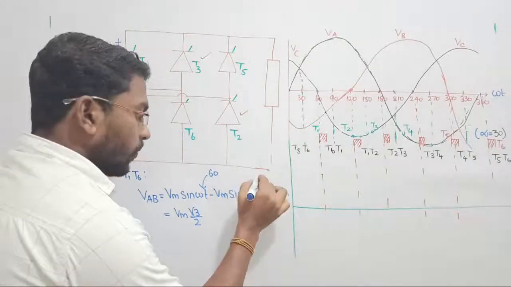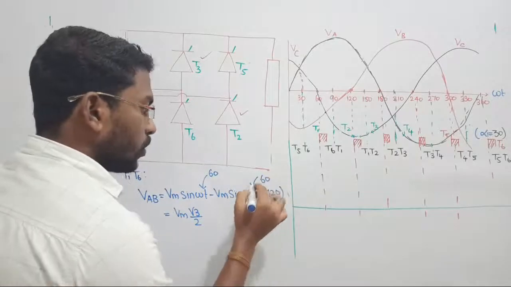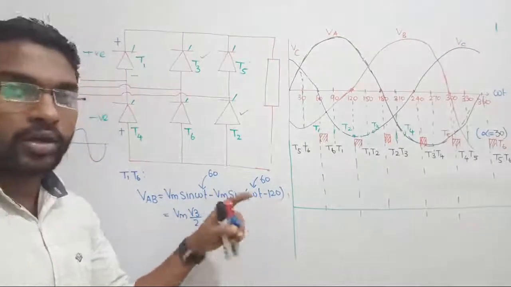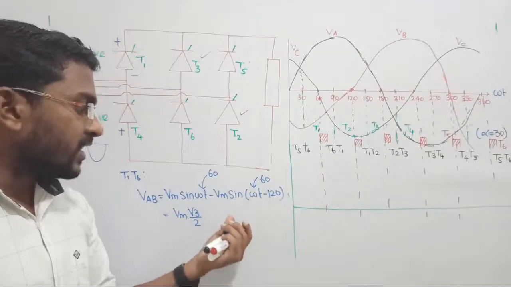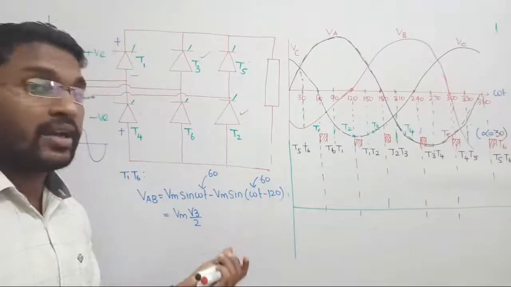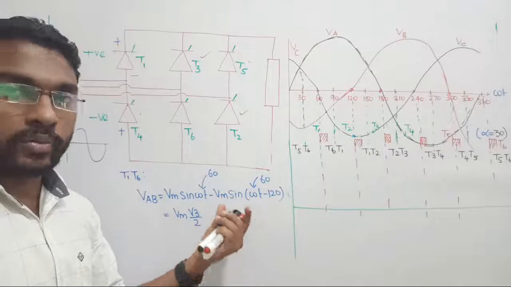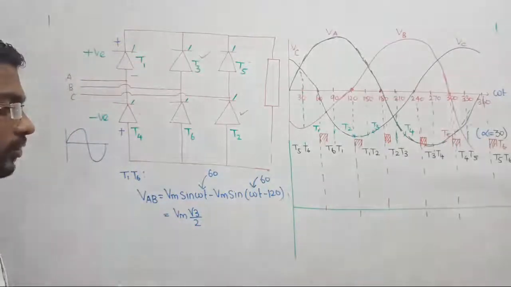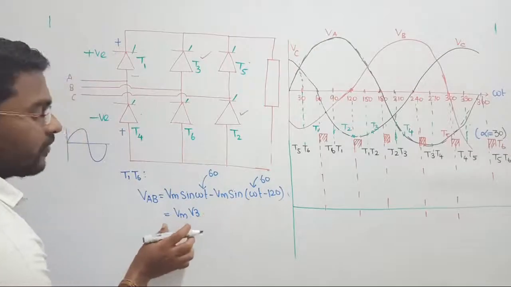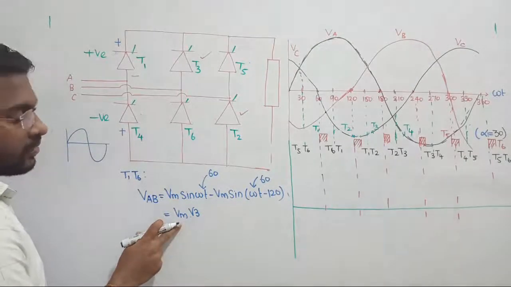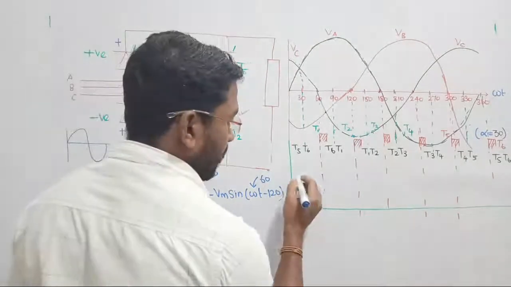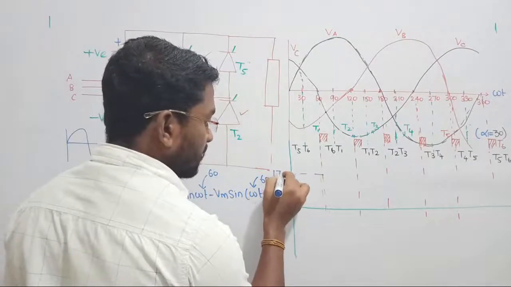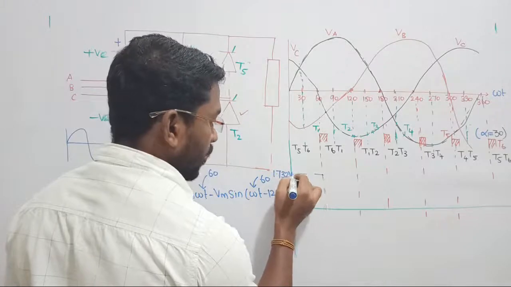Similarly, if I replace omega t by 60 degree here also, sin of 60 minus 120 gives minus 60, so sin of minus 60 is minus sin 60, and minus into minus becomes plus. Sin 60 is also √3/2, so we have twice √3/2, the 2 gets cancelled out, and finally we get 1.732 times of maximum voltage.